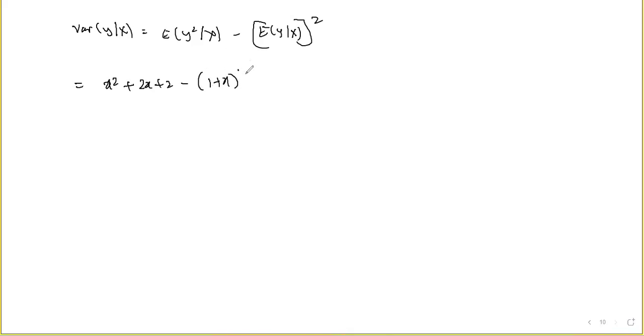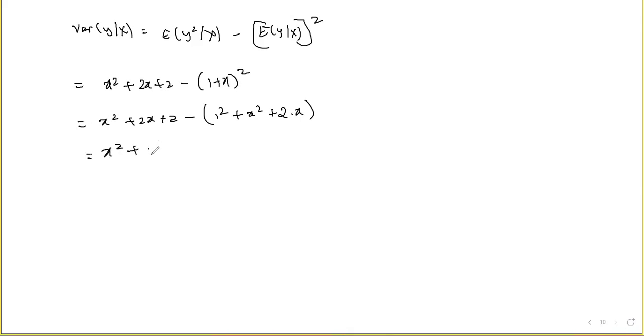Variance of y given x equals expected value of y square given x minus expected value of y given x whole square, which is equal to x square plus 2x plus 2 minus, here we have 1 plus x, but it's whole square, right? So this is x square plus 2x plus 2 minus 1 square plus x square plus 2x, because it is a plus b whole square.